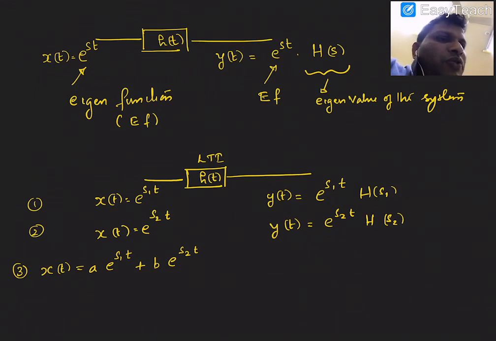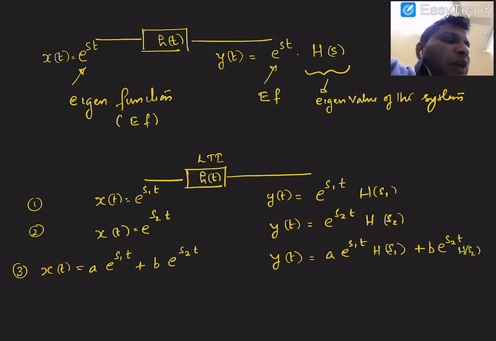So what will be my output? My output y of t will be a into e power s1t into h of s1 plus b into e power s2t into h of s2. So this is my output, right?